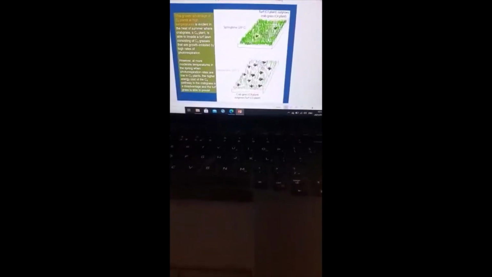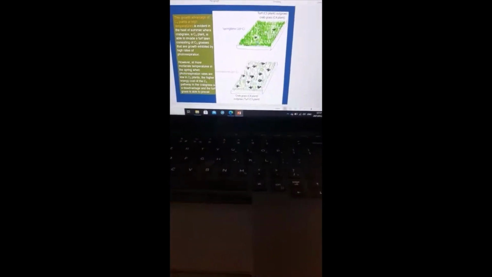So under low temperature conditions, there is more photosynthesis, less photorespiration, and therefore C3 plants, because their photosynthesis does not waste a lot of energy, can grow better and outcompete C4 plants. That's why you see too much green and very few crab grasses there, or we can say, let's call them weeds.